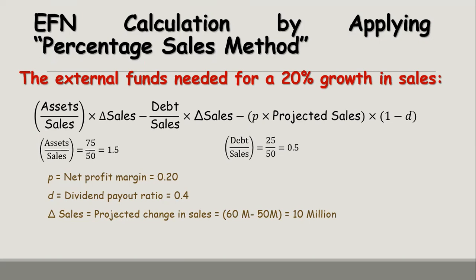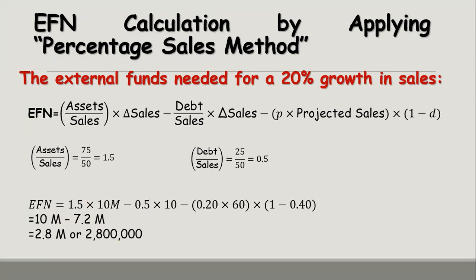Thereafter, profit margin P multiplied by projected sales. Projected sales are 60 million, which we have discussed in the previous slide. Multiply by 1 minus dividend payout. Dividend payout is 40%. Here the figures are also given. Net profit margin is 20%. The projected change in sales is 60 million minus 50 million, equal to 10 million.